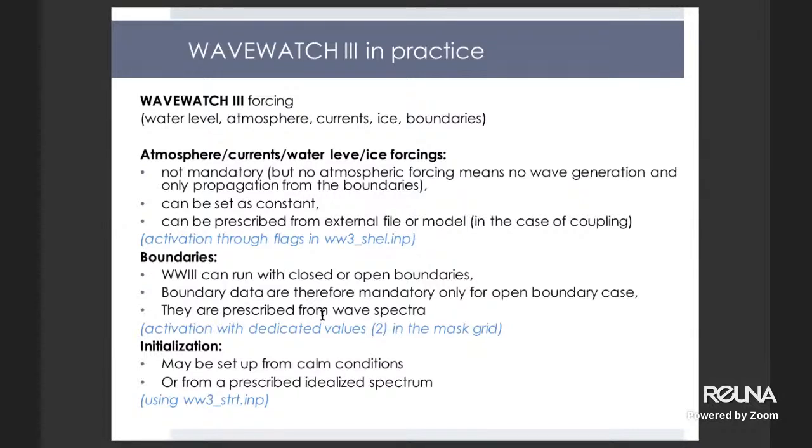And this is performed by activating a specific mask value in the mask grid, which is the value 2 at the boundaries. And finally, initialization of the model. It can be set up from calm conditions, so no waves, or it can be set up with a prescribed idealized spectrum at the beginning that can eventually be computed from your initial wind, for instance. And this is done with a dedicated program also.